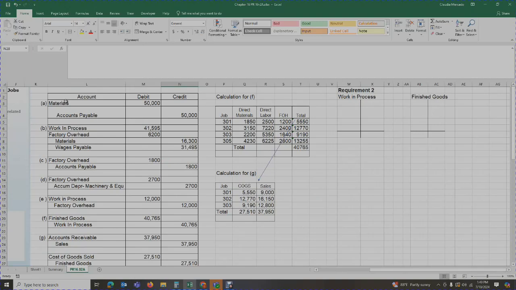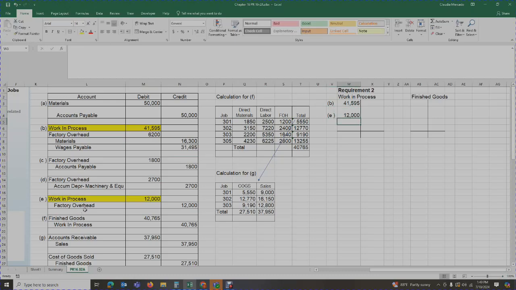So what are we going to do? We're going to locate work in process first. I have work in process here. That is transaction B, and I've got a debit of $41,595. I'm going to continue looking for work in process. I have another entry over here on letter E. Letter E is for 12,000 debit.